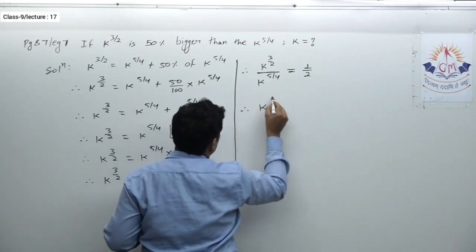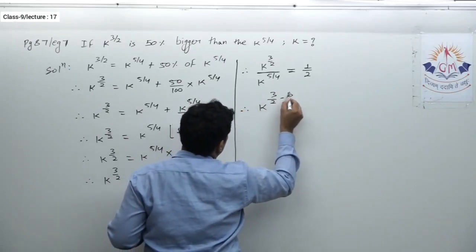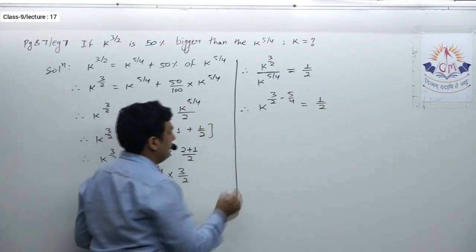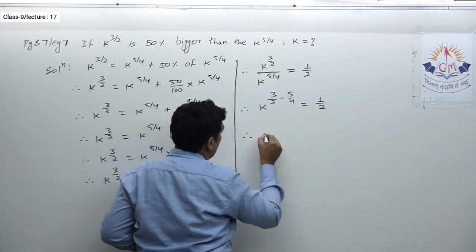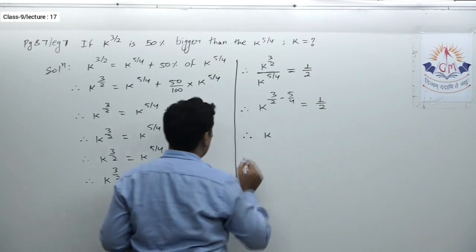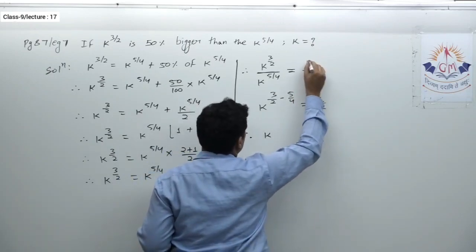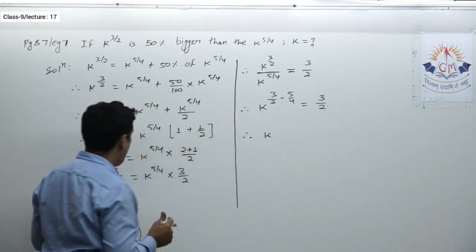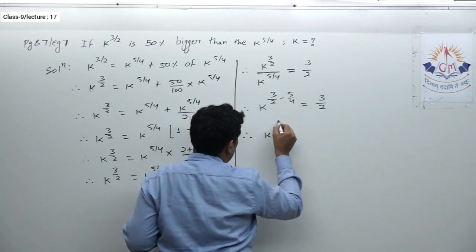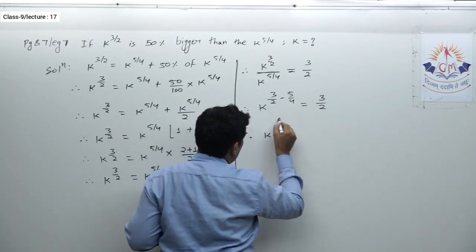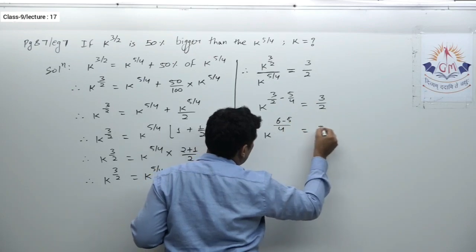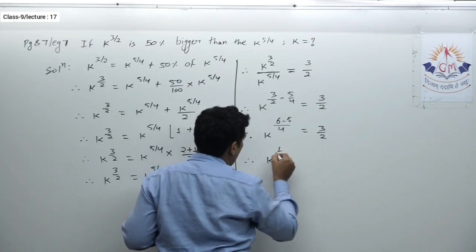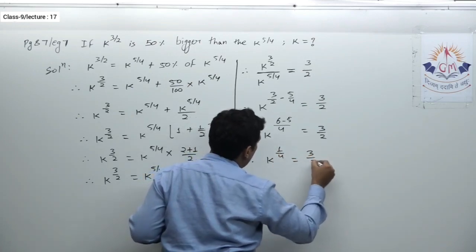Therefore k raised to 3 by 2 minus 5 by 4 is equal to 1 upon 2. Here LCM will be 4, so 6 minus 5, so I do get k raised to 1 by 4 is equal to 3 by 2.